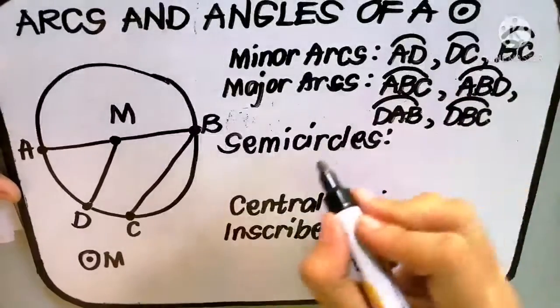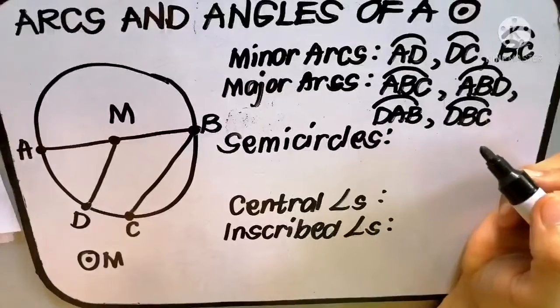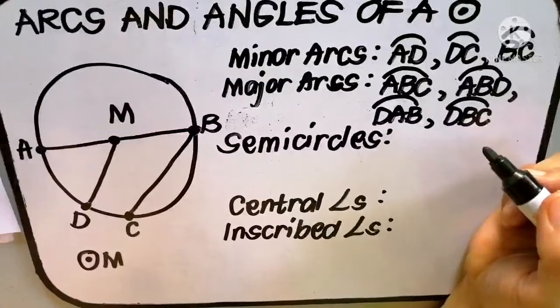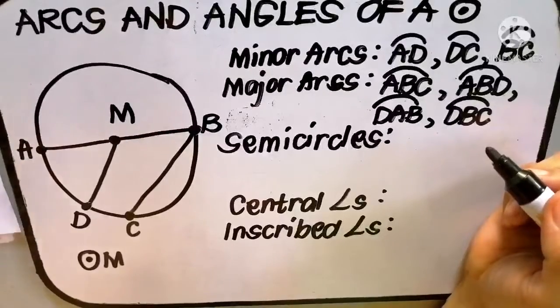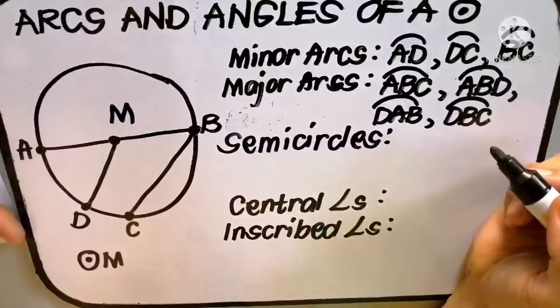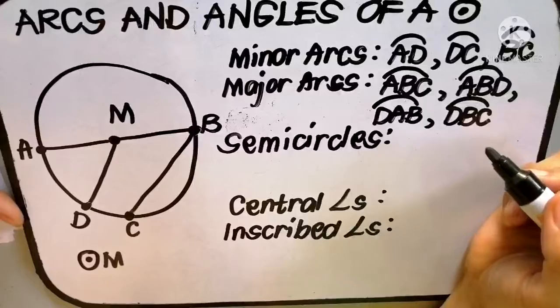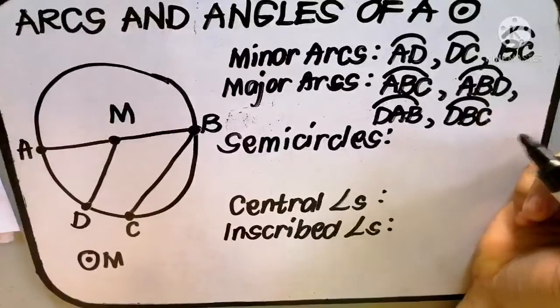Now a semicircle is exactly equal to 180 degrees. It is half of the circumference of the circle, just like the protractor.